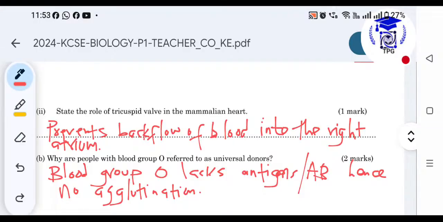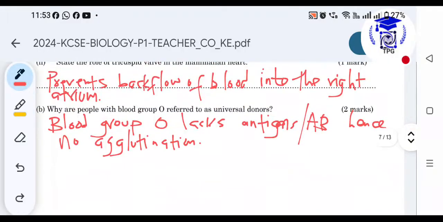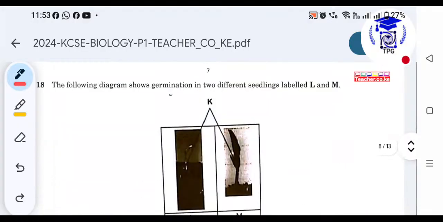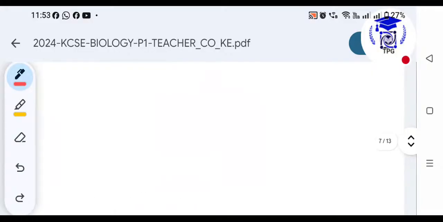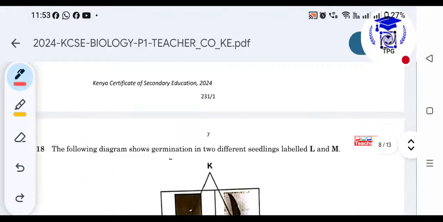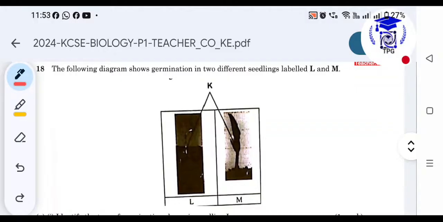Tuende number 18. Number 18, the following diagram shows germination in two different seedlings labeled L and M. Identify the type of germination shown in seedling L. Nikiangalia M naelewa hiyo ni epigeal.